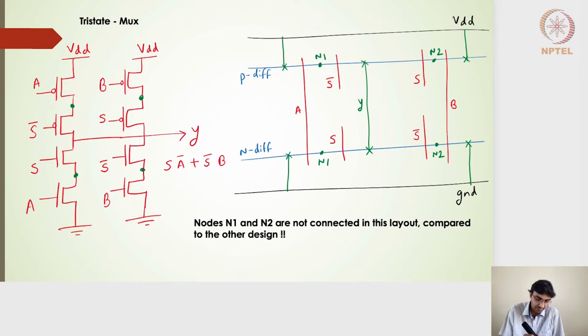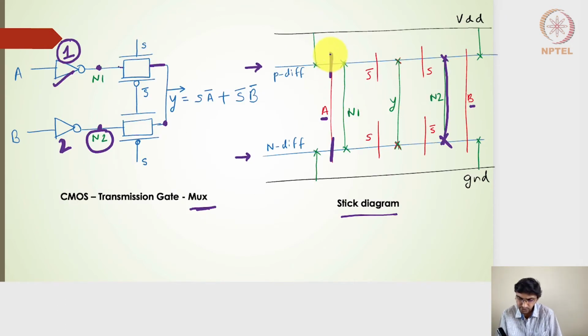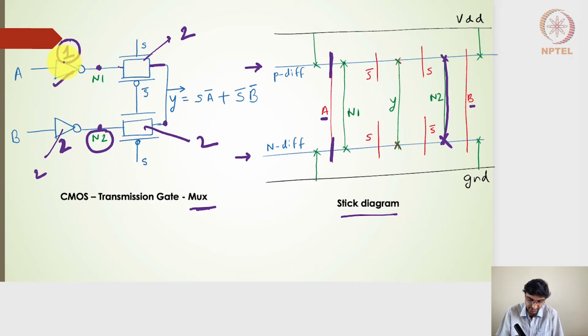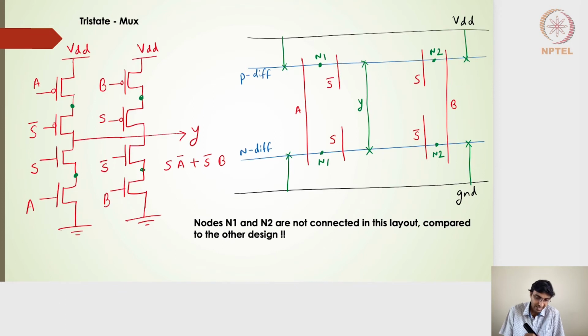If I go back to the previous slide, I also had 4 polysilicon gates on the N diffusion and P diffusion lines, creating 8 such transistors. And why 8? Because this is basically 2 transistors, and this is 2 transistors, and this is 2 transistors, and this is 2 transistors. So total 8 transistors. The same thing we will see in the tri-state multiplexer also. We will have 8 transistors, 4 on the P diffusion line, 4 on the N diffusion lines.